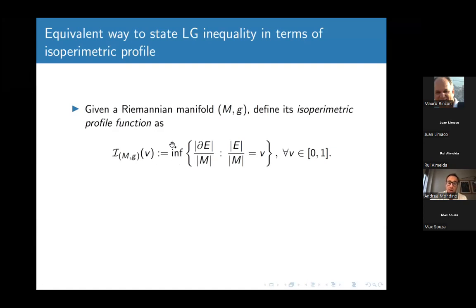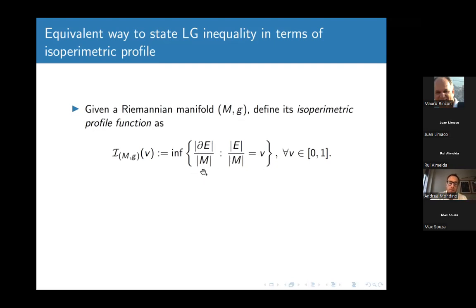We consider the infimum among all the Borel sets having renormalized volume equal to V, where V is a given number between 0 and 1. So we fix V between 0 and 1. Then we consider all the possible Borel sets with renormalized volume equal to V. And then we take the infimum of the renormalized perimeter among all these sets.